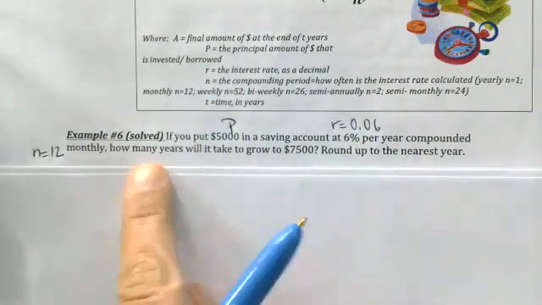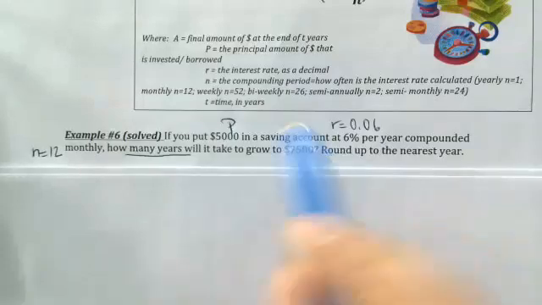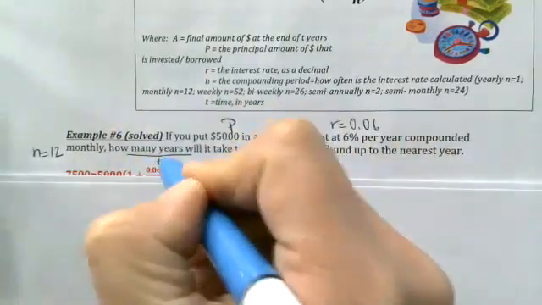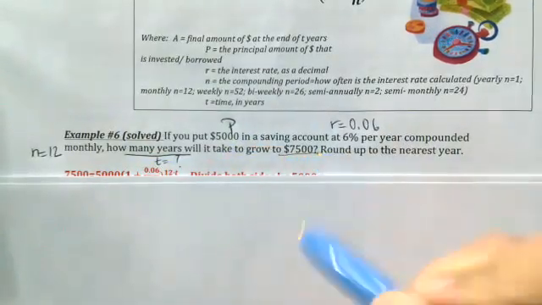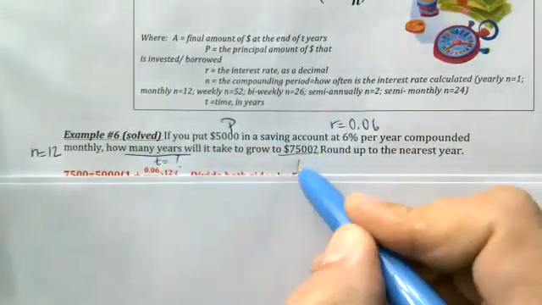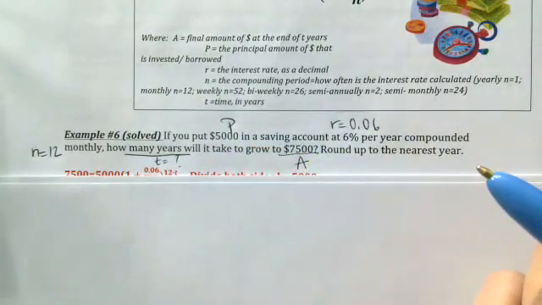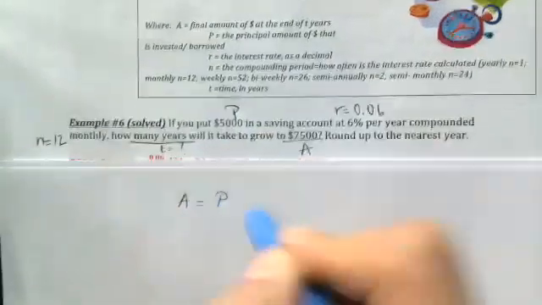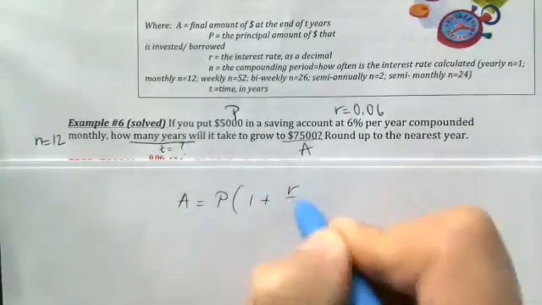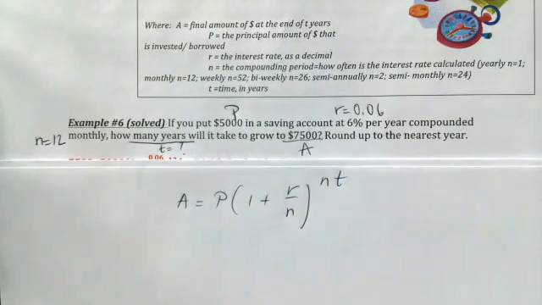Okay, so now how many years will it take? So you know the question is T, right? The time. That's the focus. And then we want it to grow to 7,500. That's the A in the formula, the final value, the amount. So the formula is A equals P times 1 plus R over N to the exponent of NT.